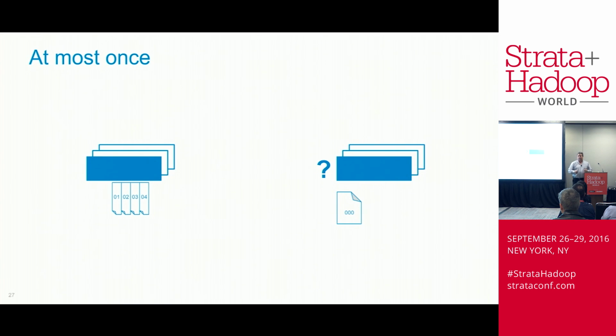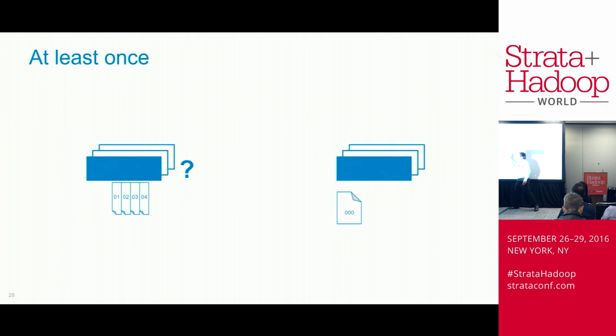So there are problems, and I've got a chart in the next slides that tells me what those problems are. At least once means I'm at least going to send it once. I might send it more. In this case, I dequeue from the message, I persist it to my data store, I save it, and then I tell the queue I'm done. So what could happen here? I save it, everything's great.